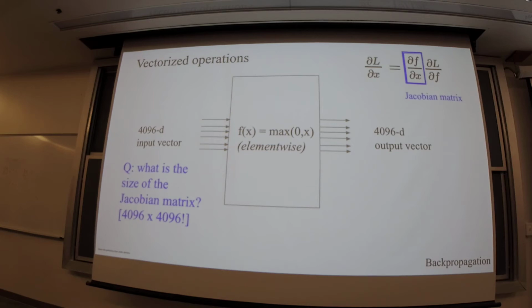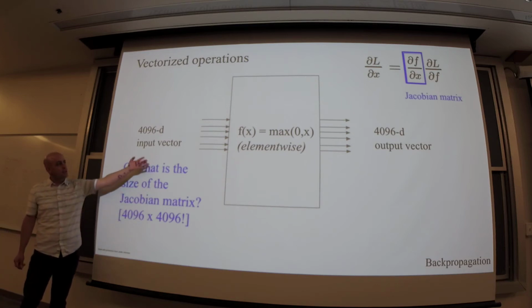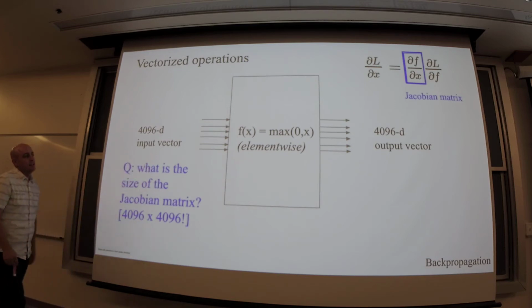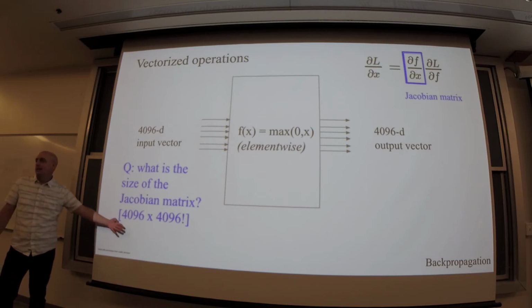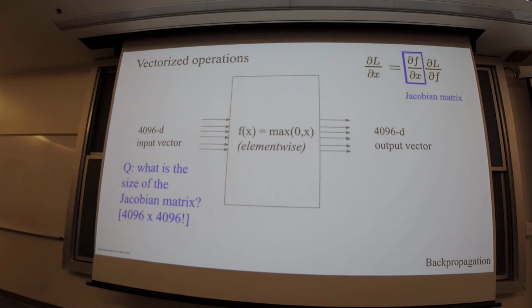Does that fit in memory easily? Especially if these are floats. No, this doesn't fit in memory very easily. This very simple, stupid nonlinearity could immediately cause you problems, because you have this great big huge matrix you're trying to store.